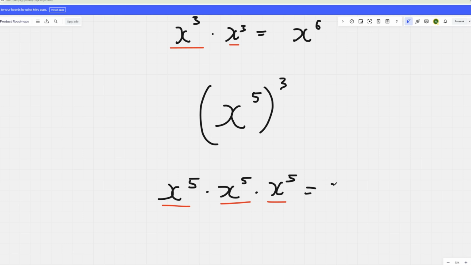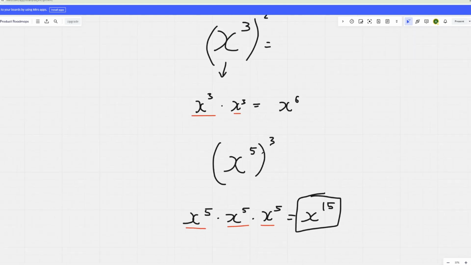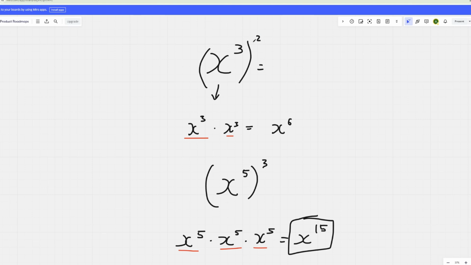So 5 plus 5 plus 5 is 15, and that's my answer. If you guys see a pattern, when you're raising another exponent to a power, all you have to do is multiply. So this is just x to the 3 times 2, which is x to the 6th. This one is x to the 5 times 3, which is x to the 15th.